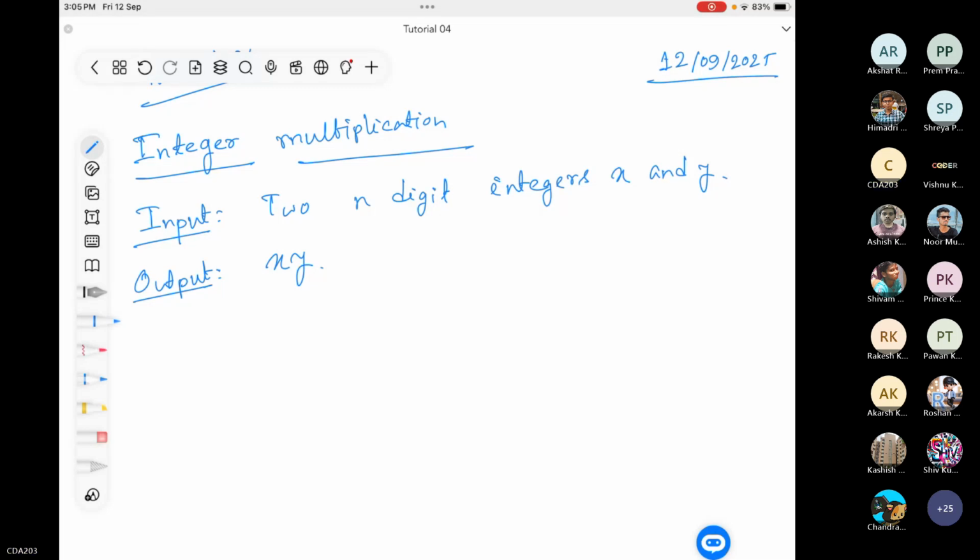When you multiply, let's say, 2, 3, or 4-digit numbers, how many operations do you do? And by operations, we mean the basic operations of addition and multiplication that we do while finding the multiplication of the two numbers, right?